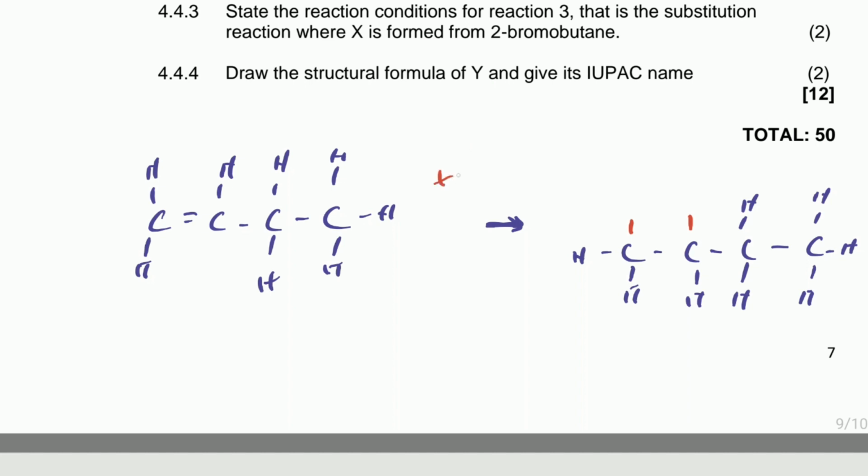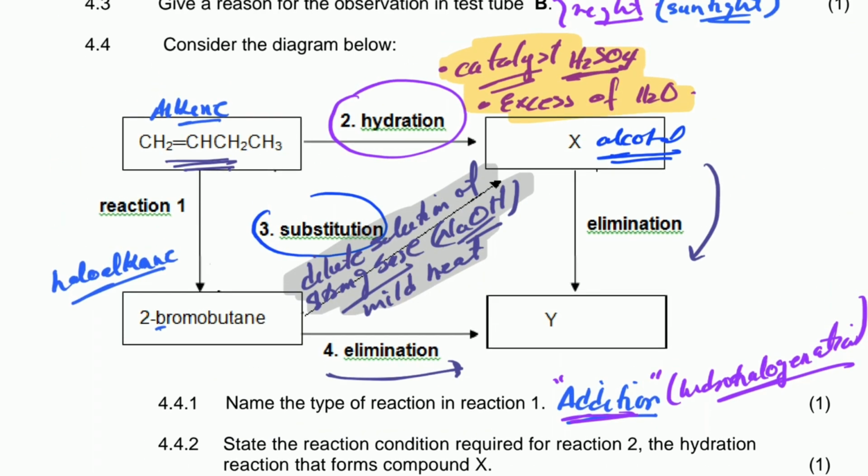Remember, you are adding H2O, that is the hydration. So this one will break into H and OH. Now, which one will take the OH? The carbon that has fewer hydrogens will take the OH, and the carbon that has more hydrogens will take the H. This is to form the major product. So this is the alcohol that we have here in compound X.